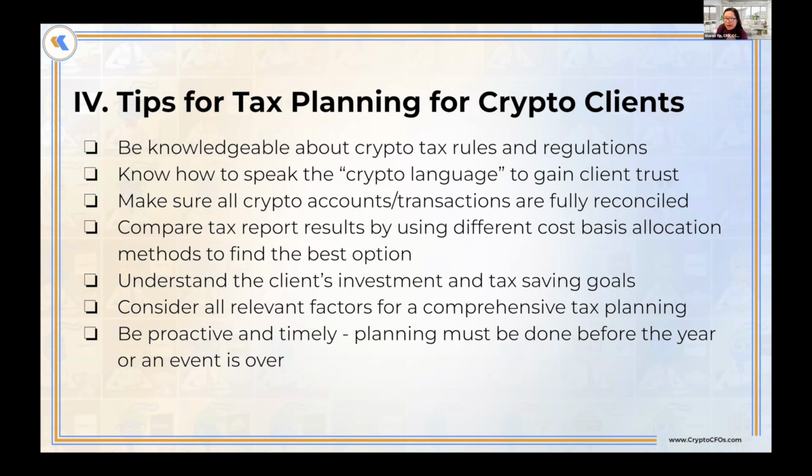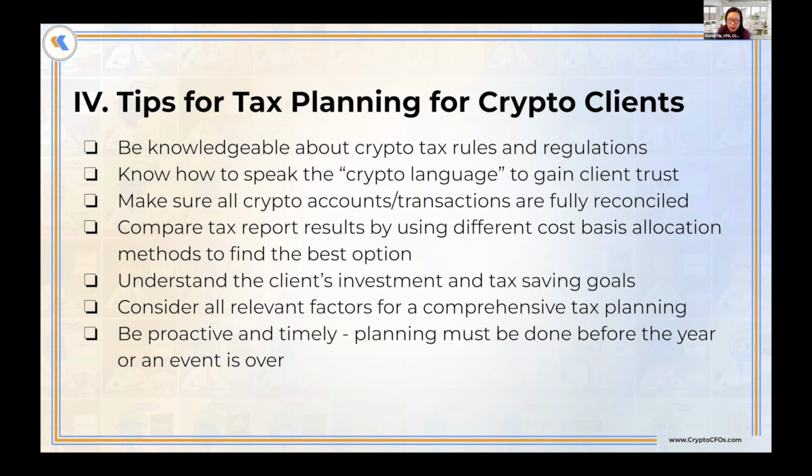This is an important tax planning step. I would highly recommend that all tax practitioners consider using it, because this is such an easy way of providing high-value tax planning results for your clients without having to do any additional work.